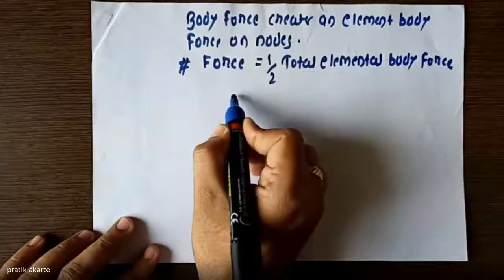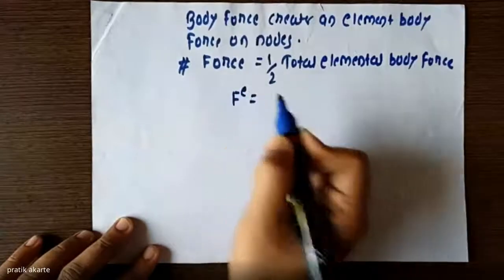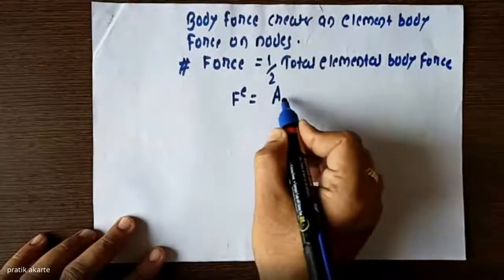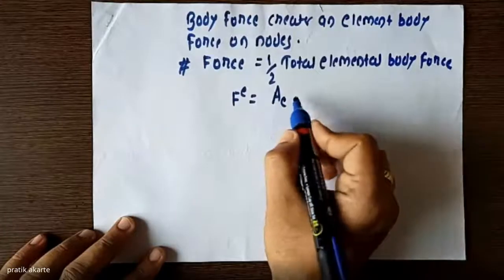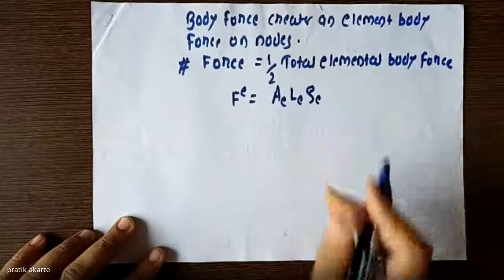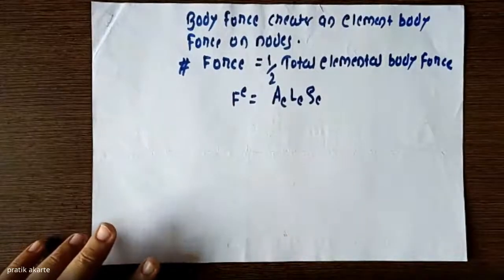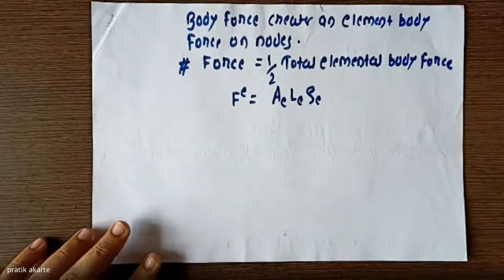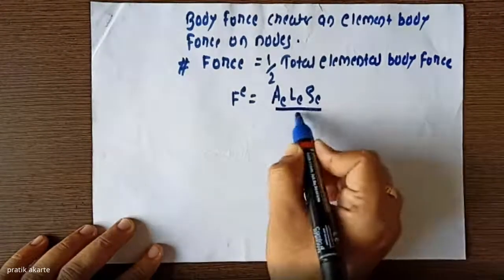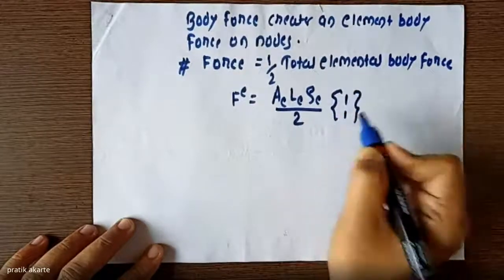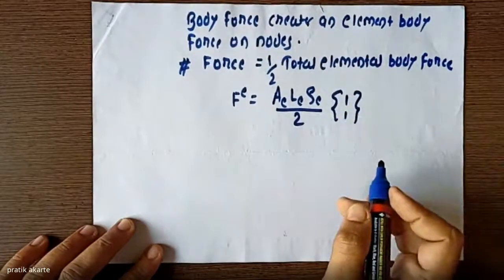So Fe, by this information we can write the elemental body force as AE, cross sectional area, length of the element, rho E, which we have formulated, body force per unit volume, which is half of 1 and 1 at the particular node.